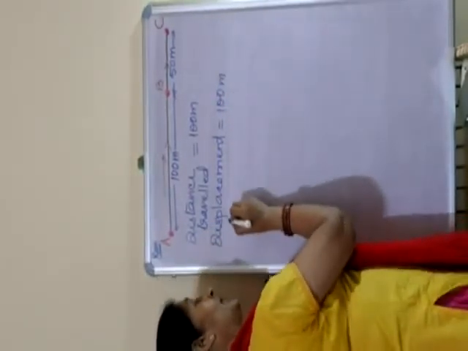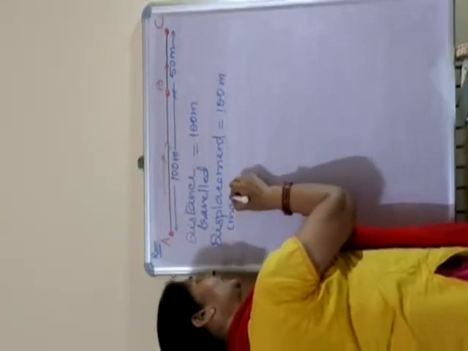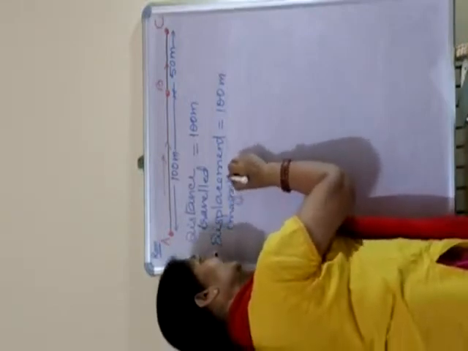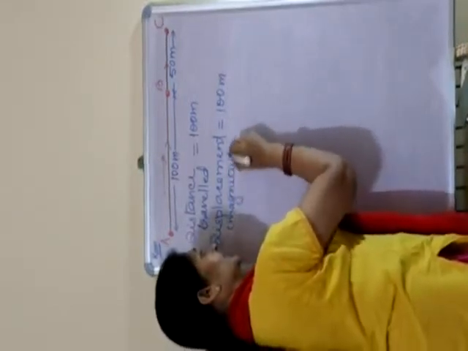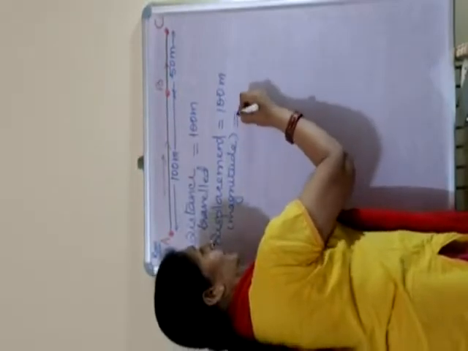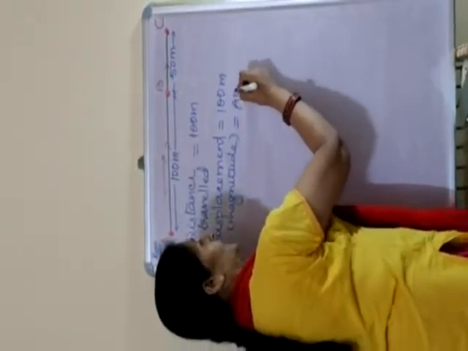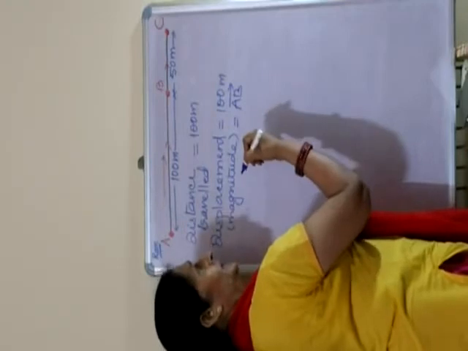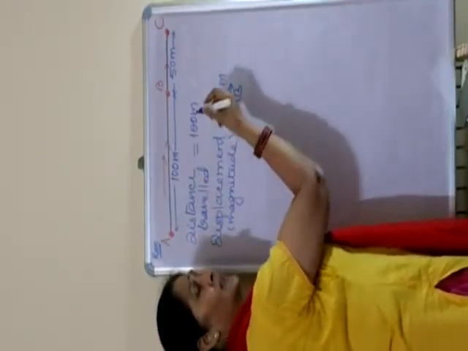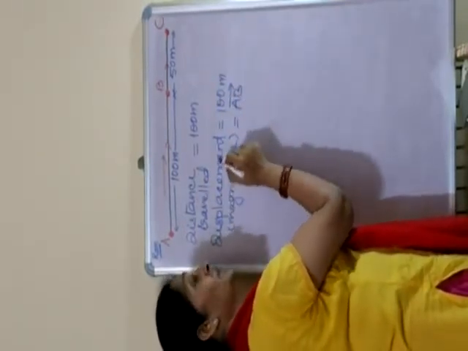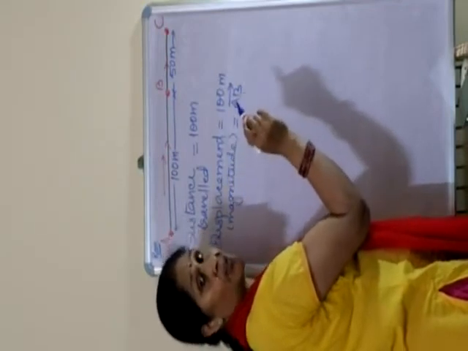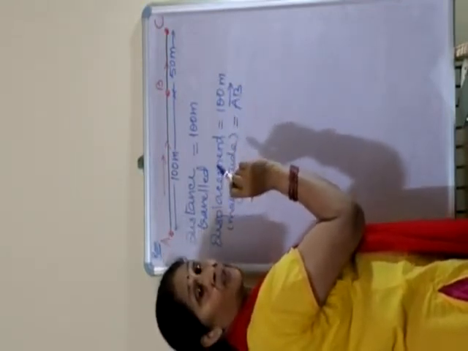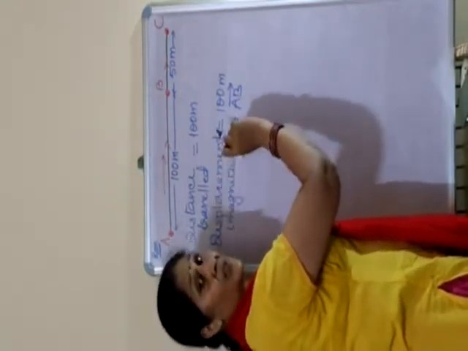Magnitude, only magnitude we are discussing. From A to B, the magnitude of distance traveled is 100 meters and displacement is also 100 meters because Ram is traveling along the same direction on the same path.